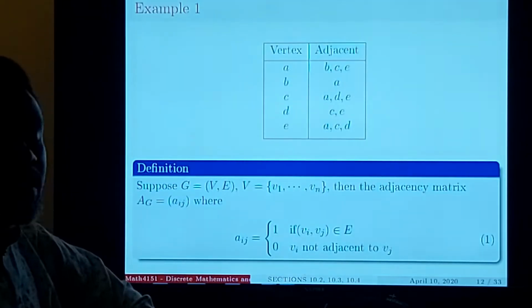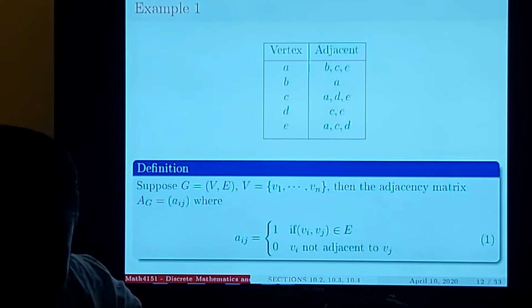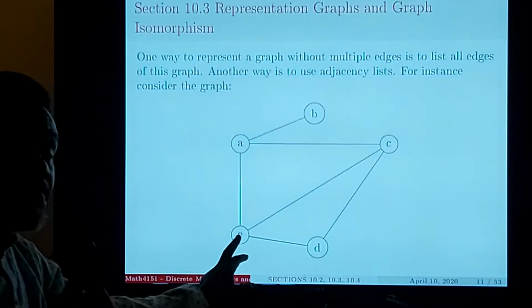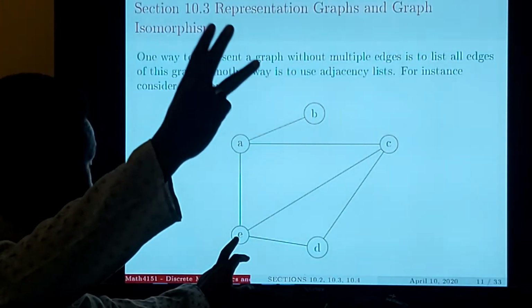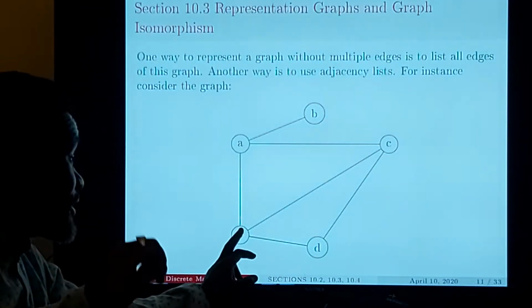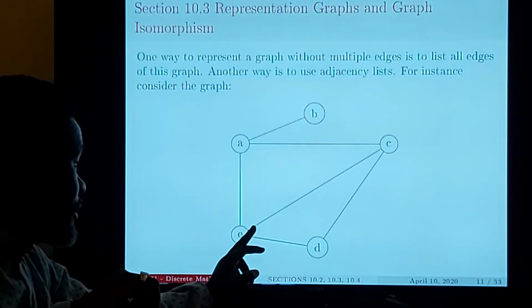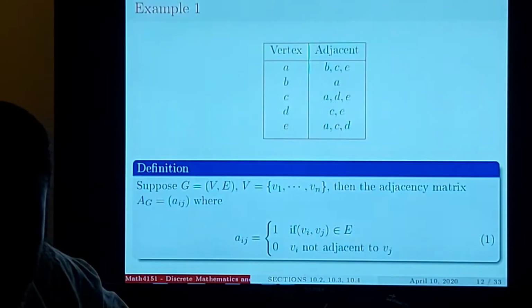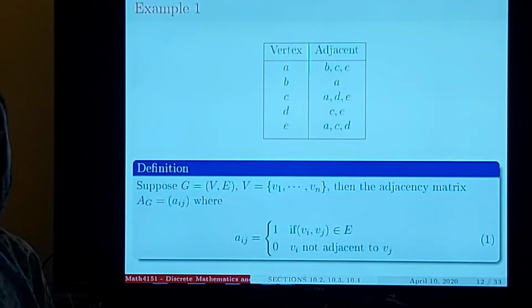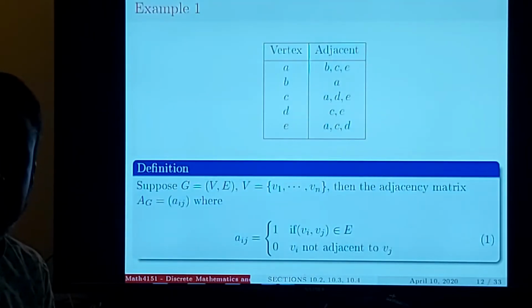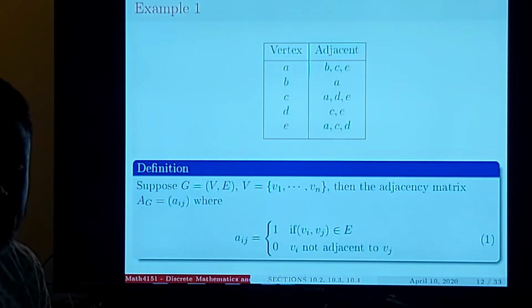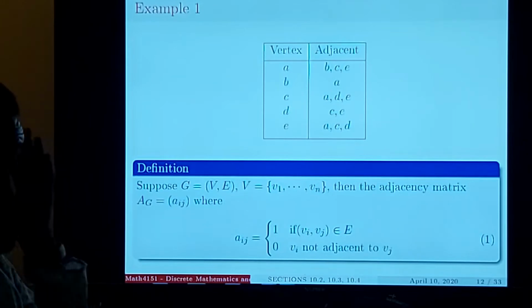And finally, E is adjacent to, well, let's check. E is a vertex of degree 3. So it's adjacent to 3 vertices, which are namely A, C, and D. A, C, and D. There we go. So that's one way of representing graphs. You just list the adjacent vertices, and that's it. You have the table.